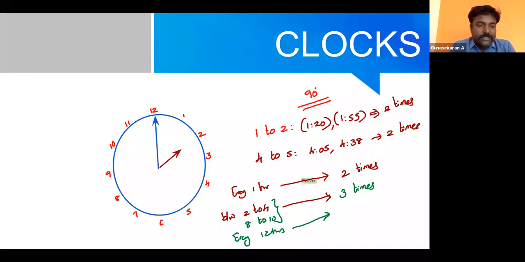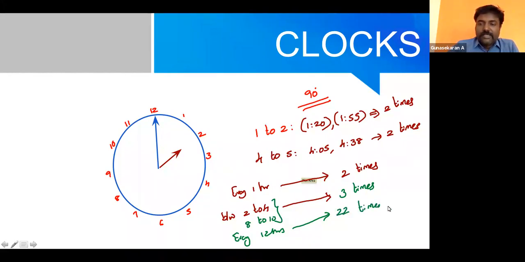Every hour 2 times means 12 hours, it has to be 24. But it's not going to be 24 because we are losing at 3 o'clock and 9 o'clock. So every 12 hours, how many times? Yes, 22 times.